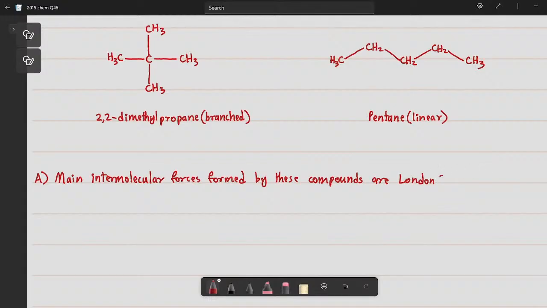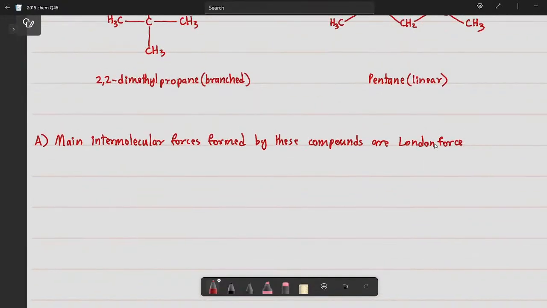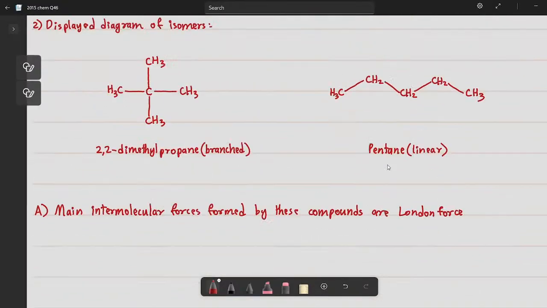They're all the same meaning. These are the weak intermolecular forces that are formed within nonpolar molecules. As we know these are hydrocarbons, they only have carbons and hydrogens, so they form only London force interactions since they're nonpolar molecules.